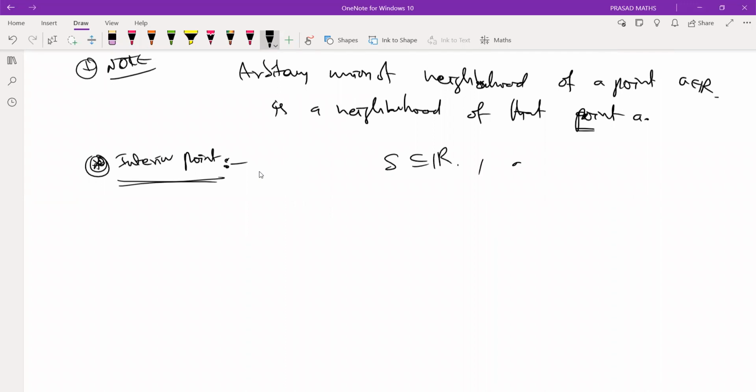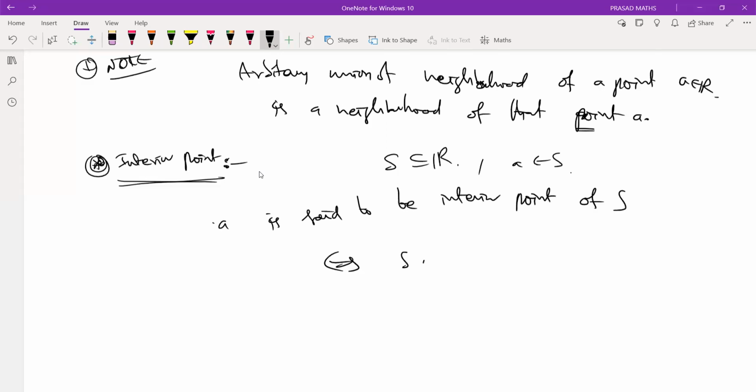It starts with a member which is in S. If a member is not in S, it cannot be an interior point. The point is said to be an interior point if and only if S should be a neighborhood of A.